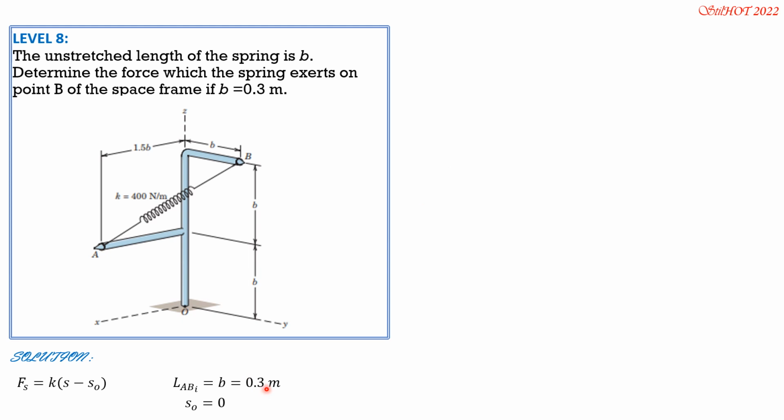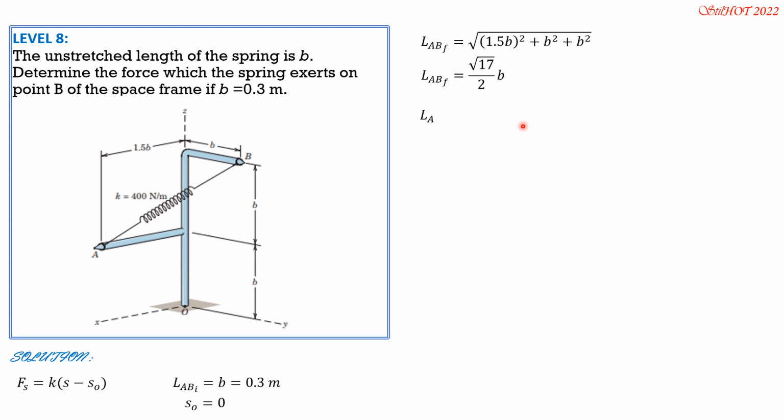When b is 0.3, the spring is unstretched. The final length of AB is the square root of 1.5b squared plus b squared along Y, then plus b squared along Z. So L_AB final is the square root of 17/2 of b.